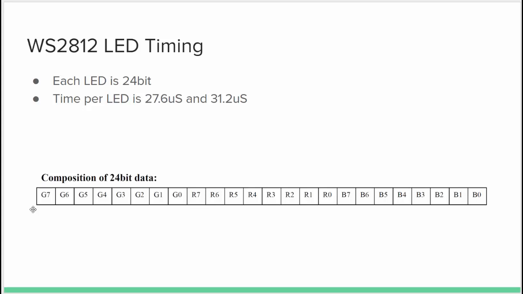If you look at how long it could take, assuming we transmit either all 1s or all 0s, the time per LED, 24 bits, is about 27.6 microseconds to 31.2 microseconds. That's something to be aware of because it's going to limit the maximum refresh rate of these LEDs. There's more information about that and a little bit of math in the materials also provided on the Canvas page related to this video.